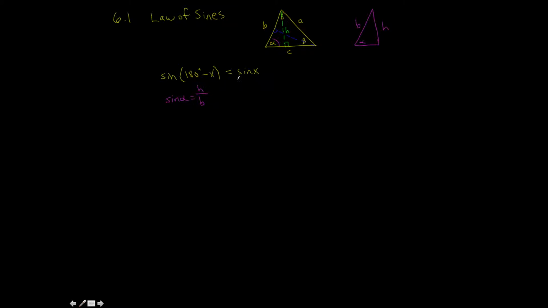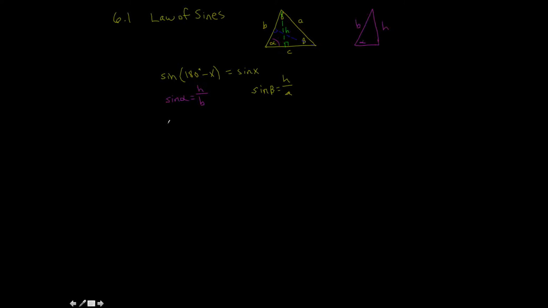Okay, so look at our other triangle. We can also figure out what the sine of beta is. If you look at this triangle, the sine of beta, sine is still opposite over hypotenuse, so that's going to be h over a.